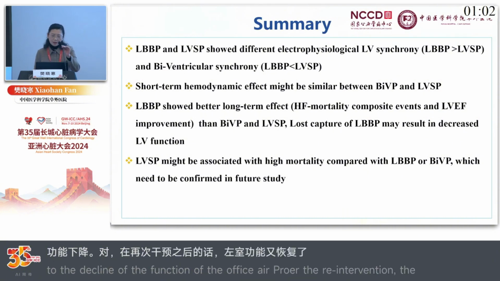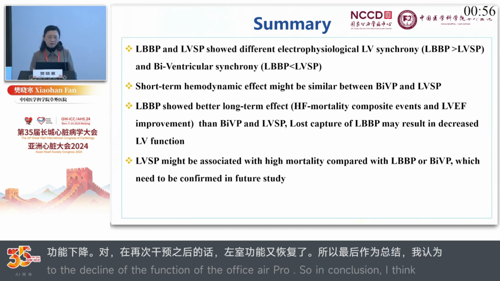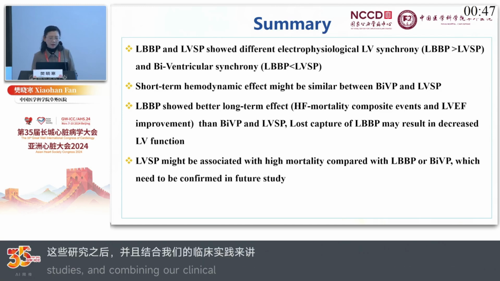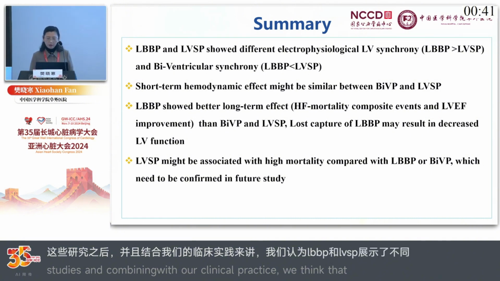In summary, I think after review these studies and combined our clinical practice, we think the LBBP and the LBSP show the different electrical physiological LV synchrony.